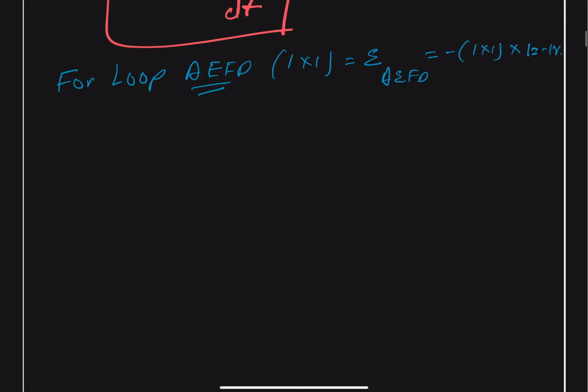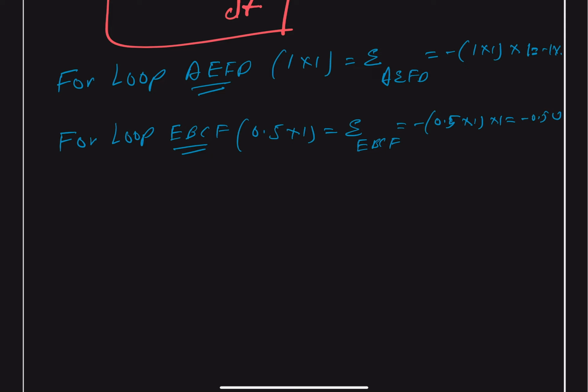And then our second loop is loop EBCF, which is 0.5 into 1. So we get induced EMF in EBCF equal to minus 0.5 into 1 into 1. This gives us minus 0.5 volts.